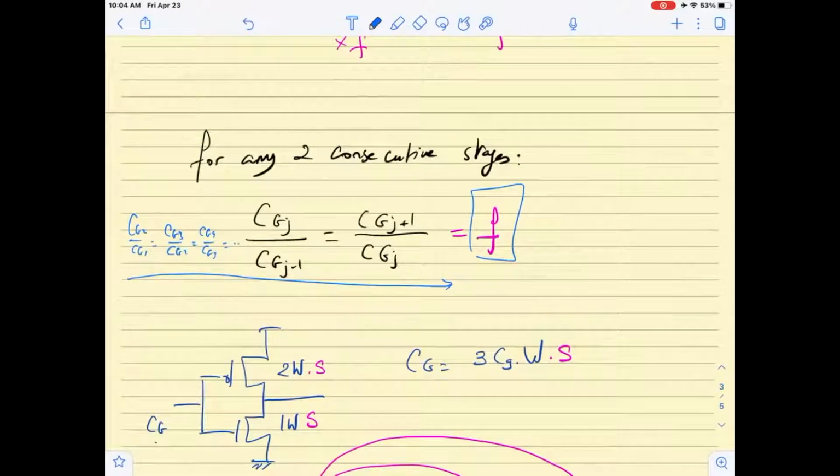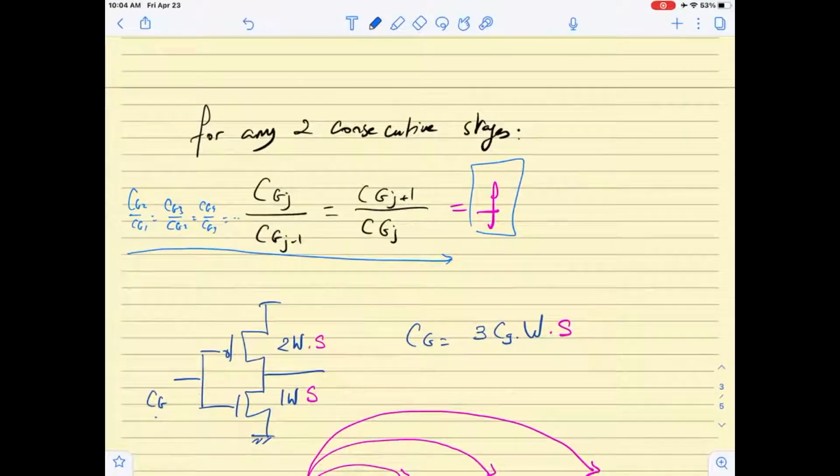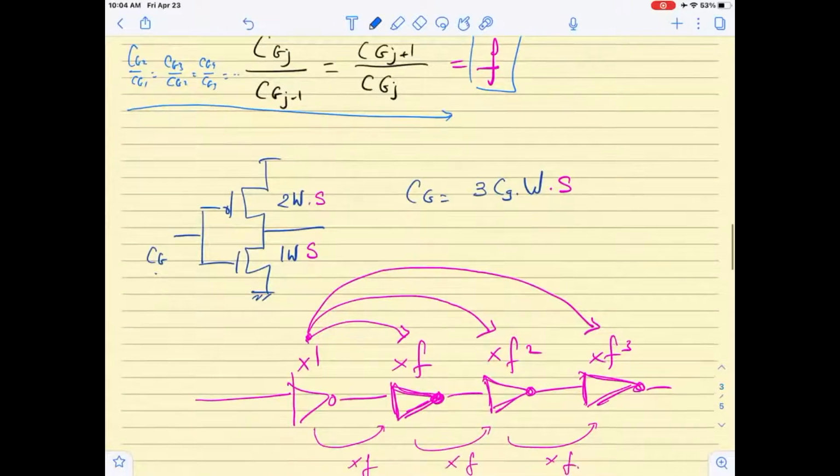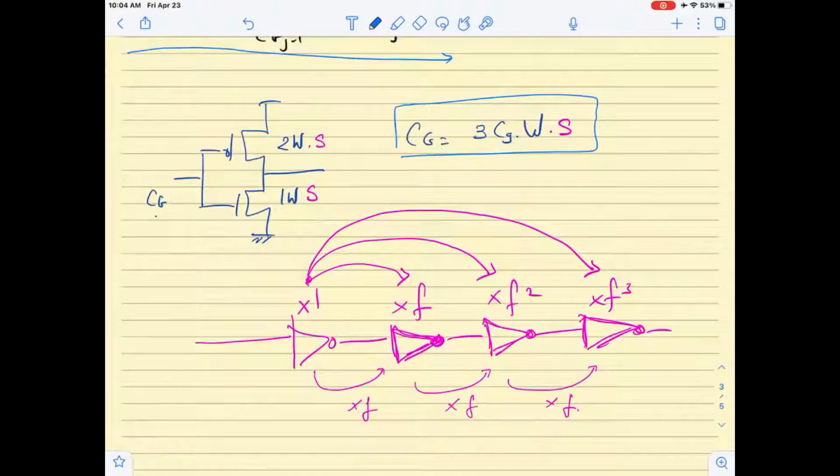So I establish from the optimal delay that two consecutive stages must have a constant ratio between their input capacitances, and since the input capacitance is proportional to the sizing, every two consecutive stages will be sized by the same factor.